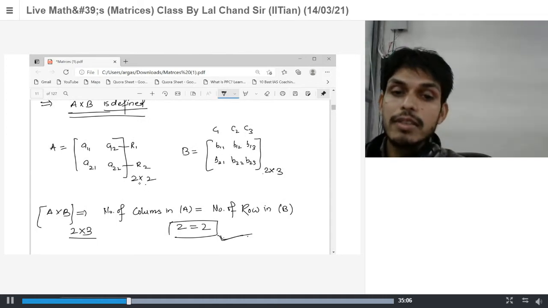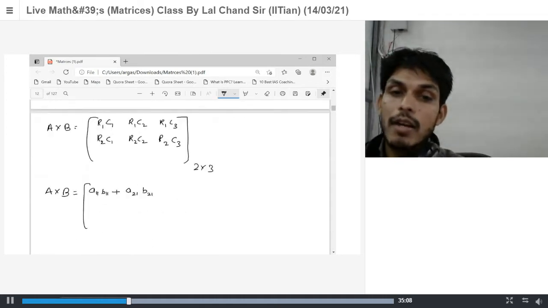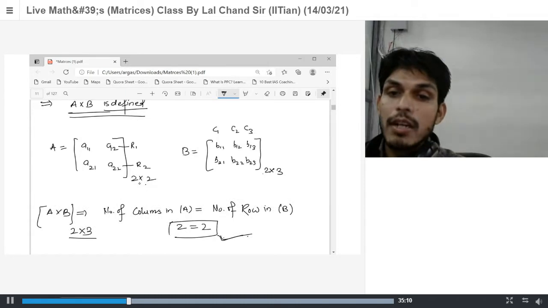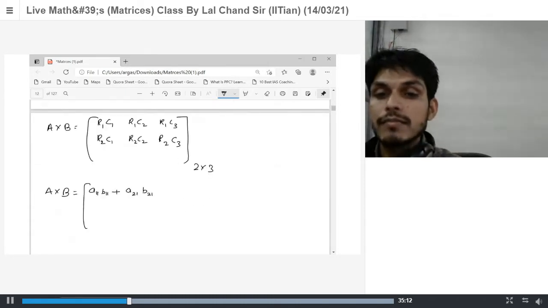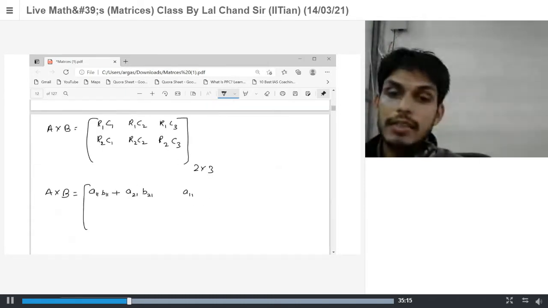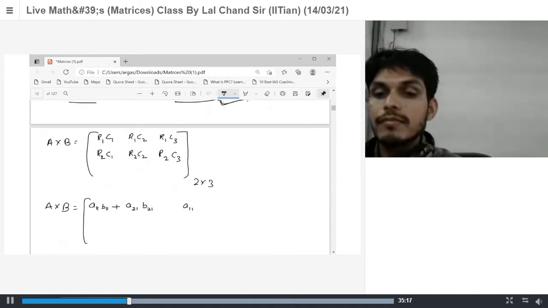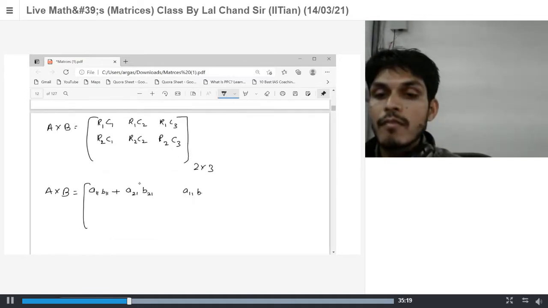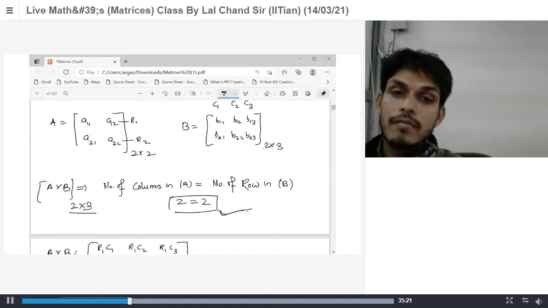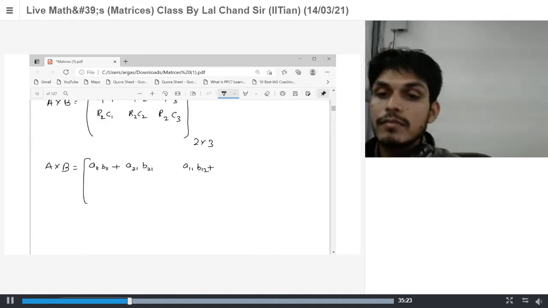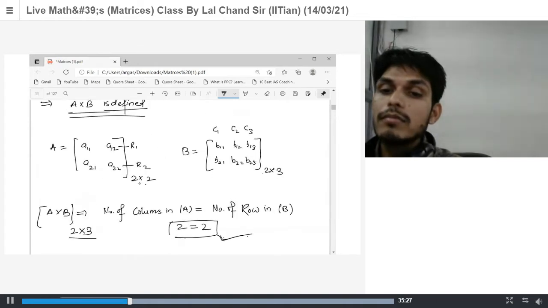If I would like the second element, here I have R1 C2. So R1 is A11 and that is B12 plus A12 B22.